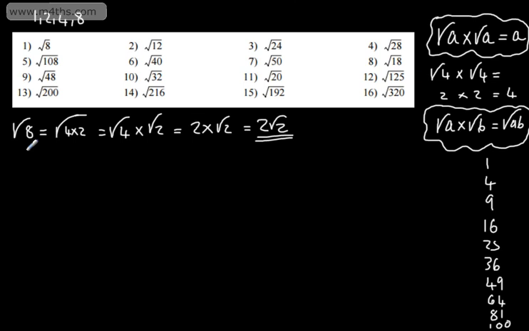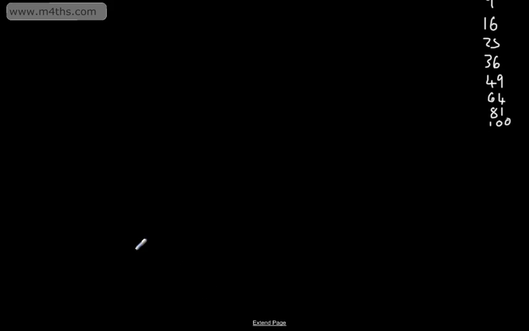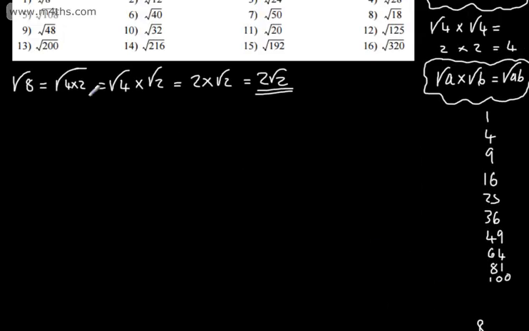There is an alternative, and I'm going to do the alternative down here. This is not my preferred method, but you can use it anyway. What you can do is write the number as a product of its prime factors. So 8 as a product of its prime factors is 2 multiplied by 2 multiplied by 2. So the root of 8 is the same as the root of 2 times 2 times 2, which is the same as the root of 2 multiplied by the root of 2 multiplied by the root of 2.